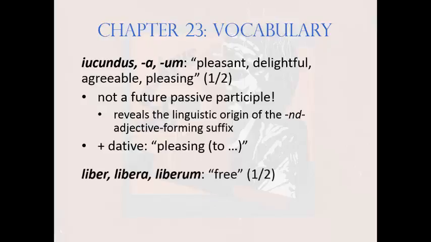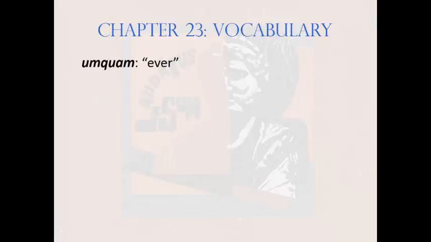The next word is another adjective, liber, libera, liberum, meaning free, its first, second declension. And notice that it does not contract. The base is liber. The next word is umquam, meaning ever, an adverb. As we've noted before, it's the correlative of numquam, never.